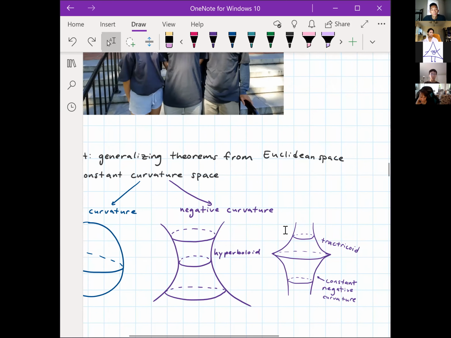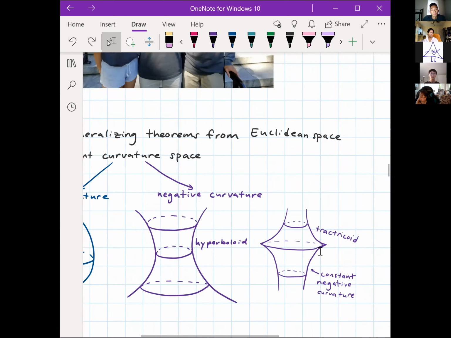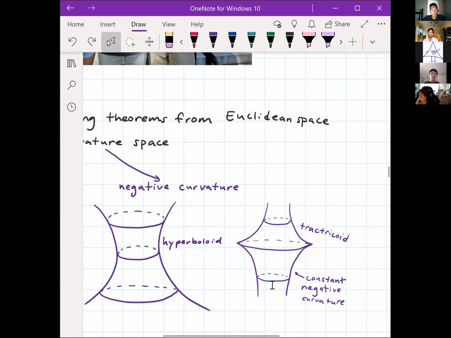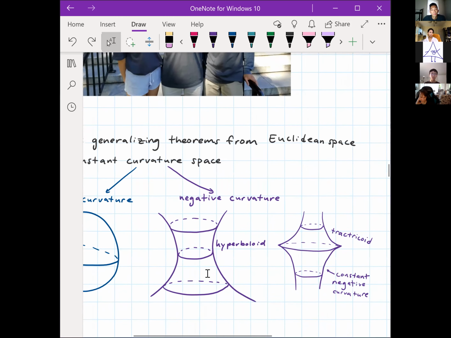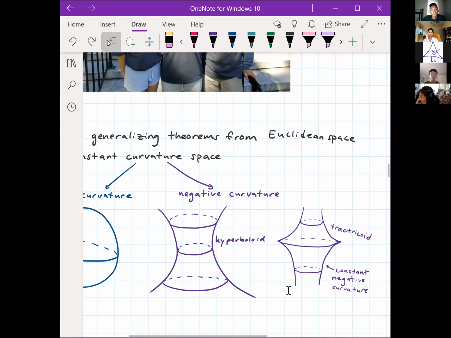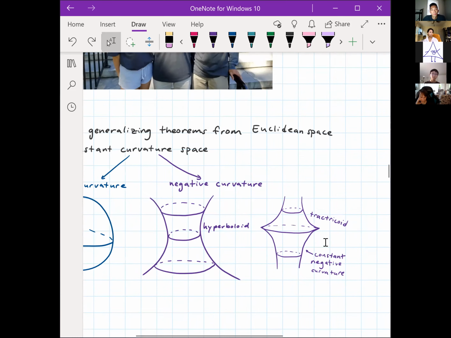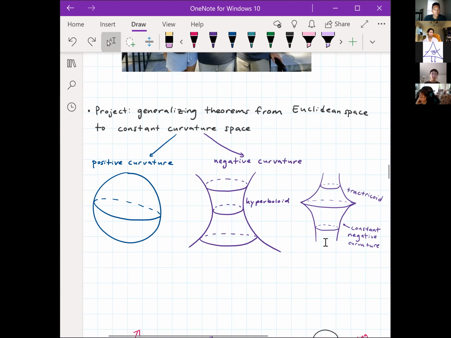And actually the constant curvature negative space is called a tractricoid. This one has negative constant curvature. This thing is also sometimes called the pseudosphere. So you've got your sphere and your pseudosphere. These were the spaces that we were working on.